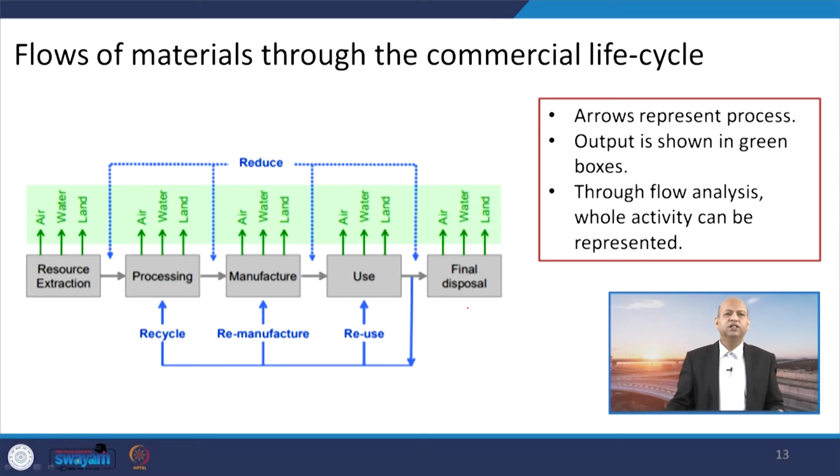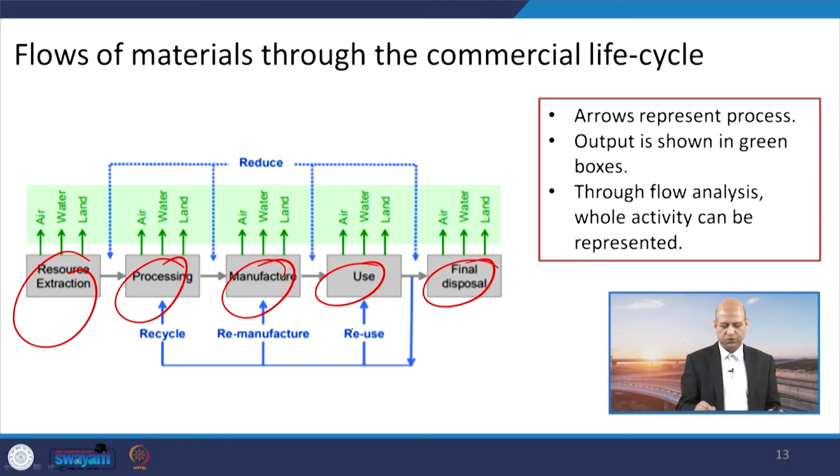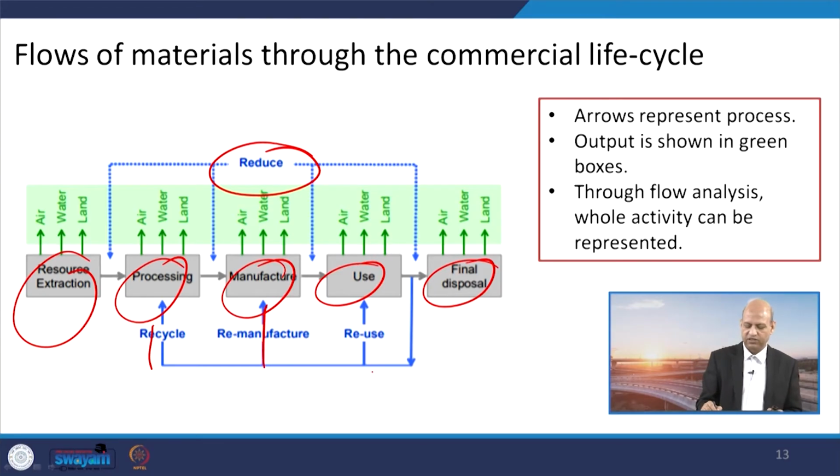Then we also see flows of materials through the commercial life cycle. So, like resource extraction, then processing, manufacturing, as we discussed earlier, usage and final disposal. All these also have impact, like if some reduction related system or methodology is there, then it will reduce the consumption of material, then recycling may be there, remanufacturing, reuse, all these things will be part of that grand MFA.